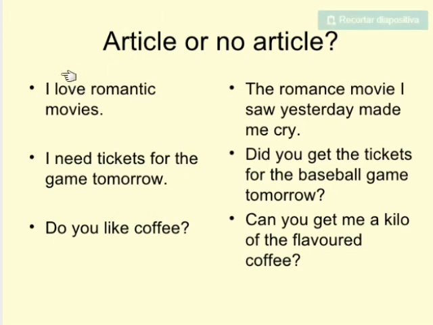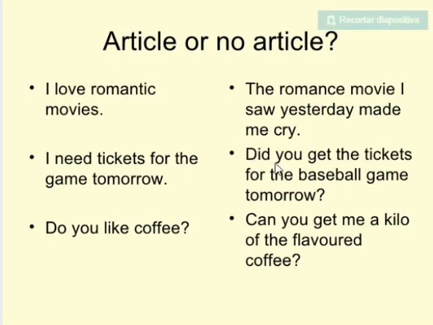In the first example, it is not referring to a specific movie. It is talking in general. I love romantic movies. So in that case, we don't take any article before them. But in this case, we are talking specifically about the romance movie. The romance movie I saw yesterday made me cry.